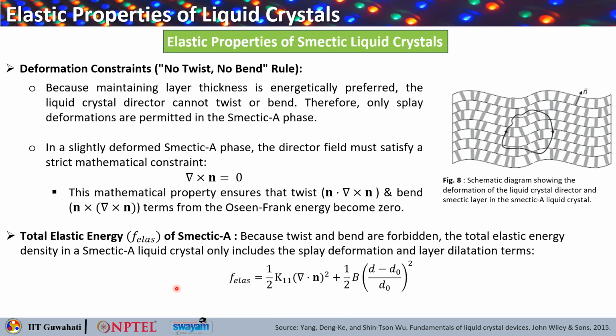So, in that case, the total elastic energy density in the smectic A liquid crystal, F elastic of smectic A, because twist and bend both are forbidden, will only have the splay deformation and this layer dilatation term, these two terms.